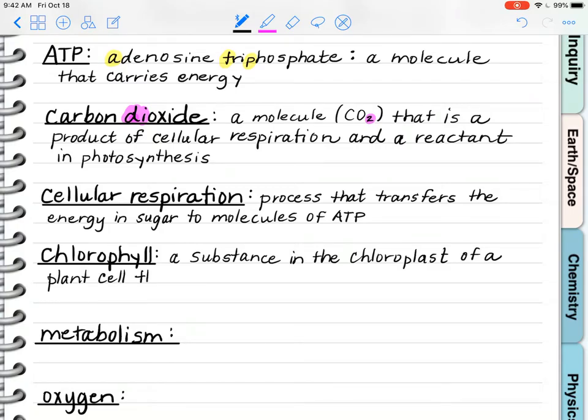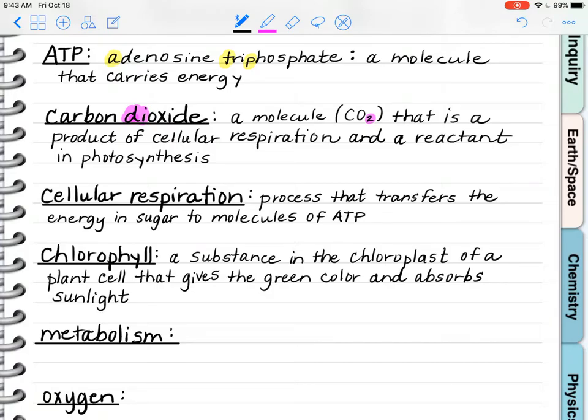That gives the green color and absorbs sunlight. So if the test question asks you what makes a plant green, you could say chlorophyll.